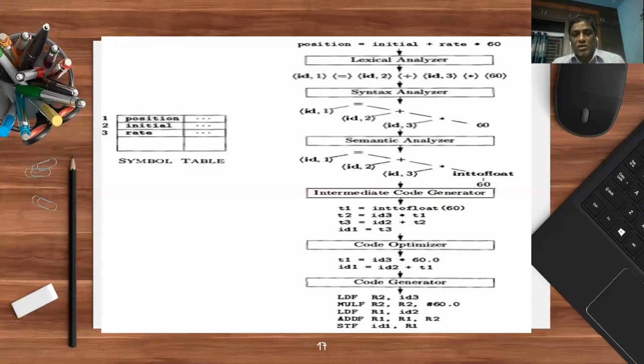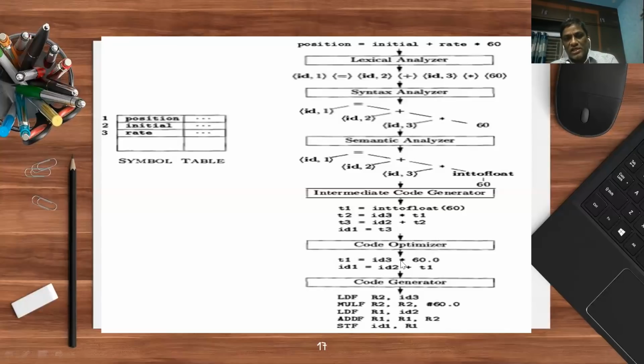Now, these instructions are sent to the code optimizer. The code optimizer's job is to reduce the number of instructions if possible at this level. So this is machine independent code optimization. Therefore, instead of using 4 instructions, if you observe, it is using only 2 instructions. So how is it reducing? Instead of using a function int to float of 60, it is using 60.0 directly.